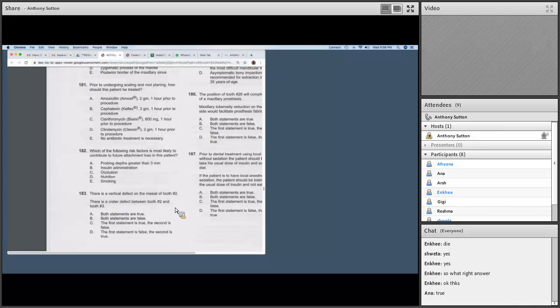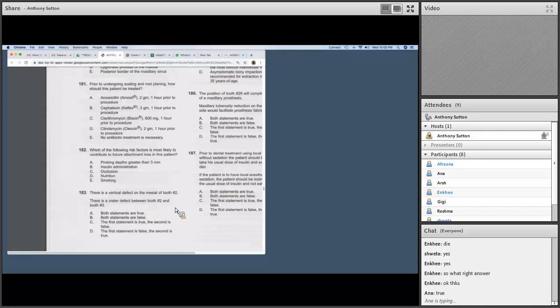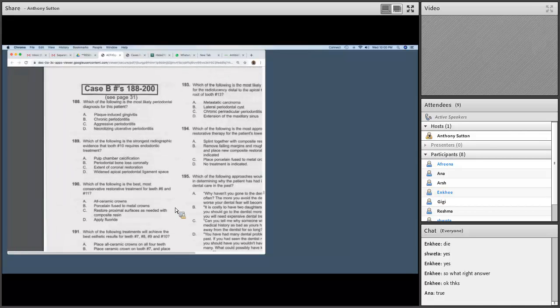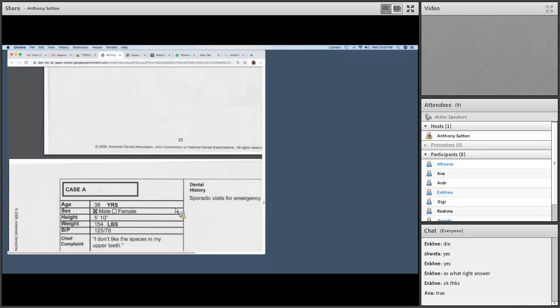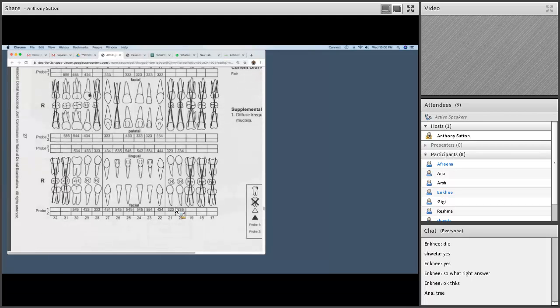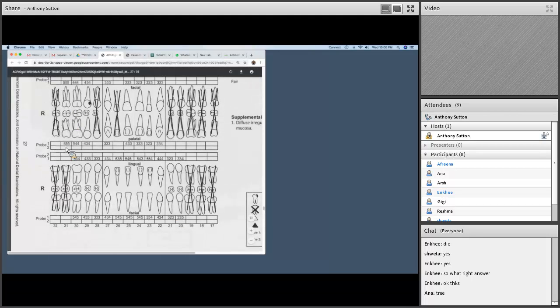We have a vertical defect on the mesial of tooth number 2. Is there a crater defect between 2 and 3? Let's look at that.